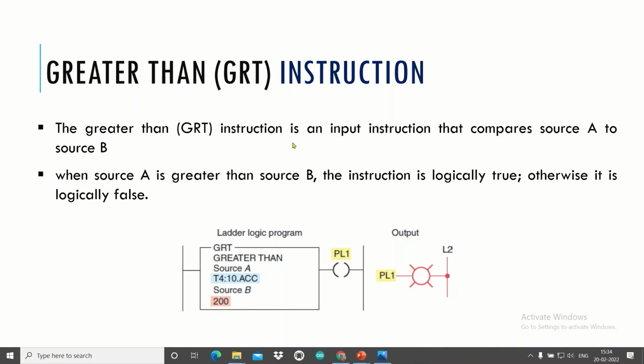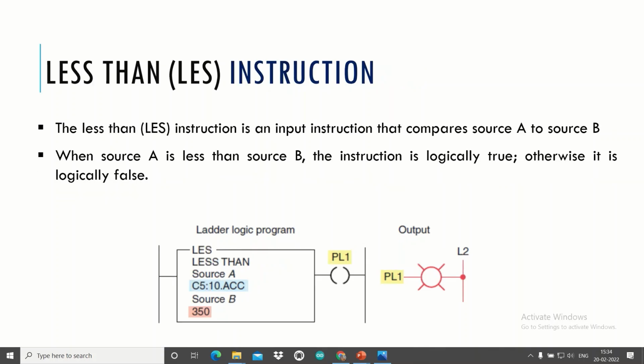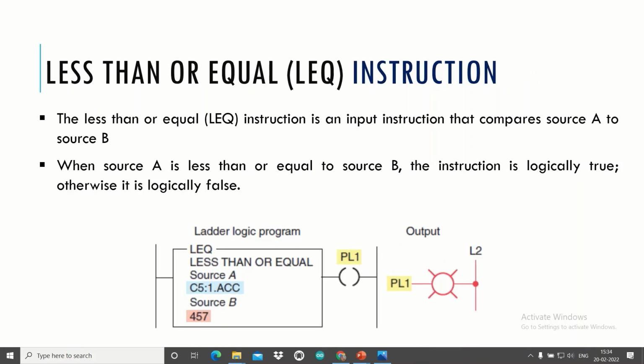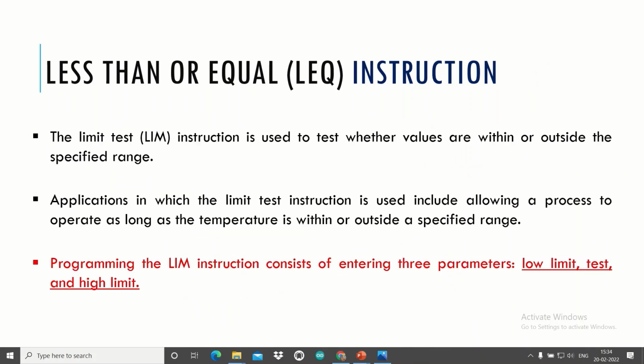You see this greater than instruction compares A with B. When A is larger, remember, A is the main thing that has to be compared with some constant value or some register that is containing some value. This A has to be measured, that you remember. Next comes the less than instruction. I don't think that we need to discuss a lot on this. Then comes greater than or equal to, less than or equal to.